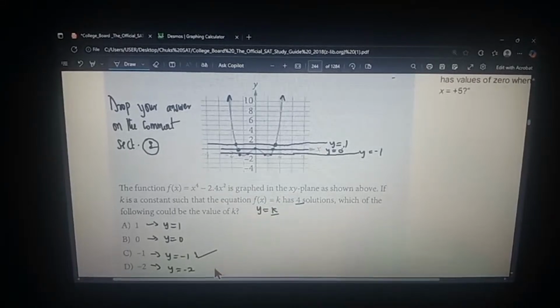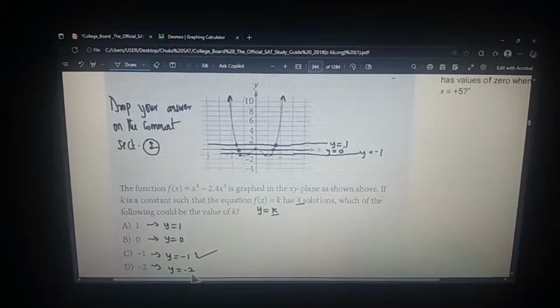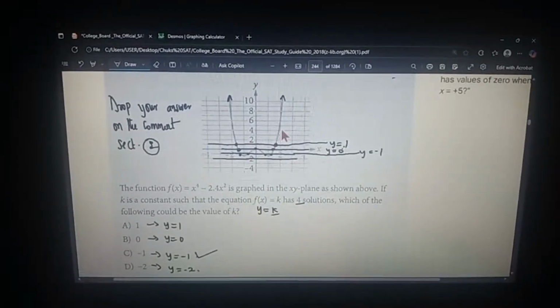Before we stop checking the other ones, let us see what this last one would give us. So y equal to minus 2. If we draw the line y equal to minus 2, what do you observe? It never cuts the curve. What then does it mean? It's the point where the system has no solution.